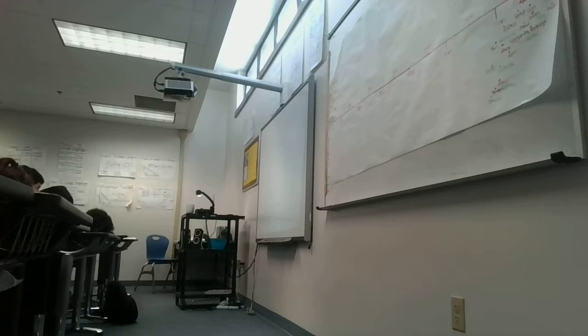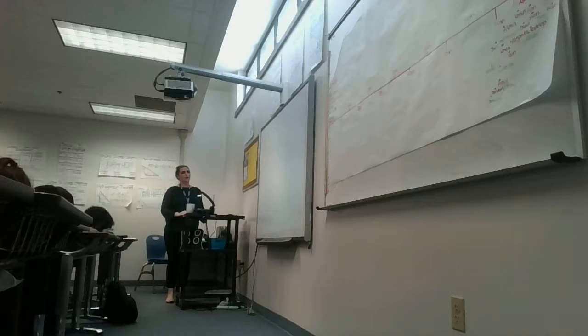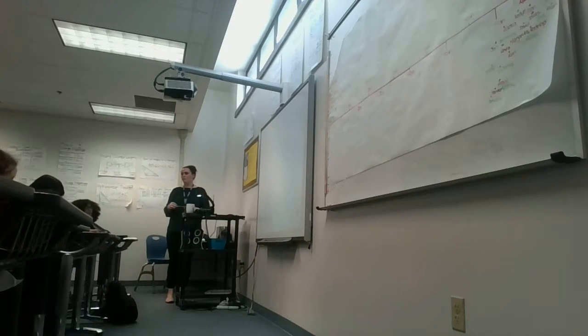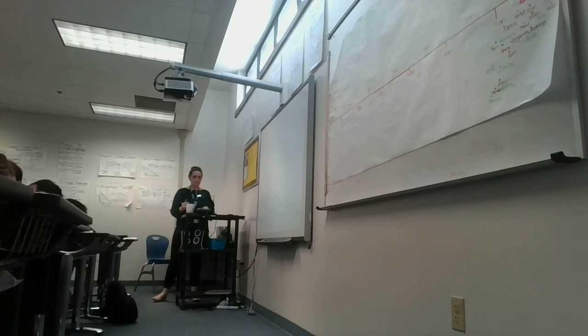All right, now we need to plot these points. I need a volunteer to read me off the points slowly as I plot them, and everyone else is going to plot them as well. Kaylin, go ahead. You're going to read us the points really slowly.